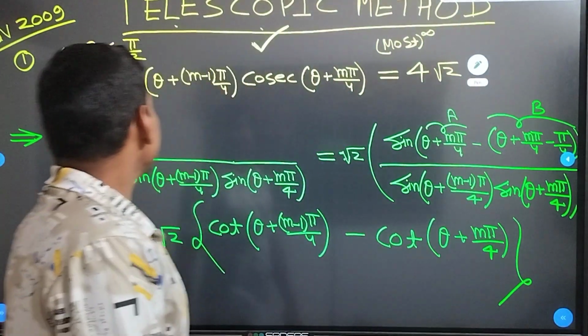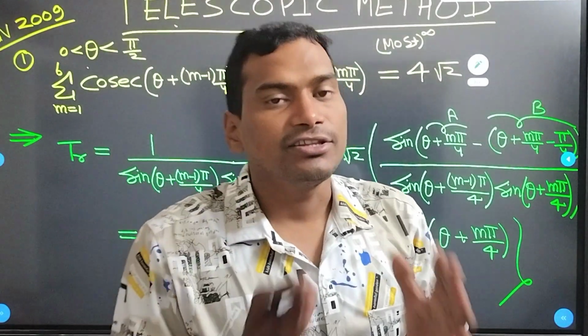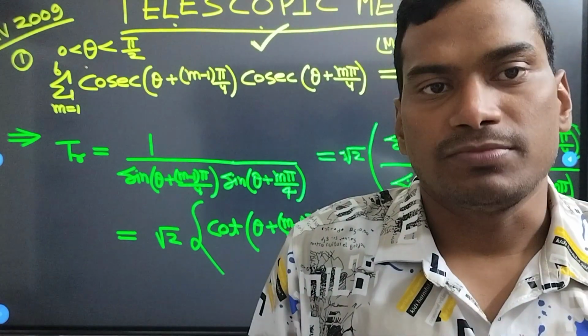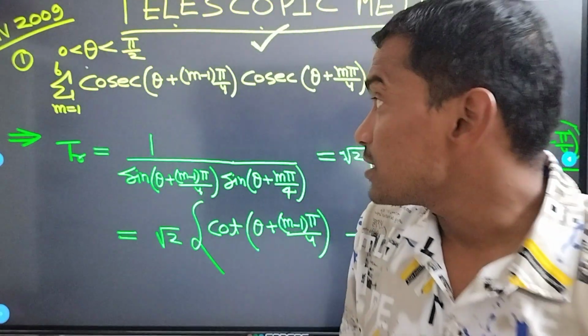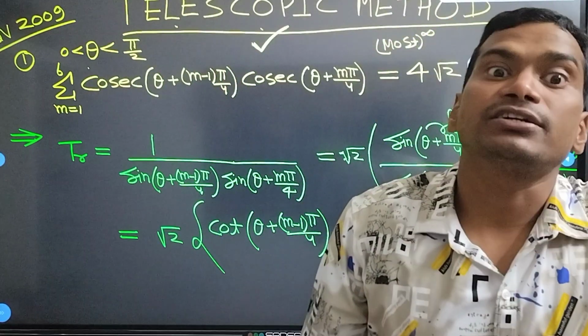See, in this method we try to write the general term as the difference of two terms, and then we start putting the values of summation and cancellation starts.